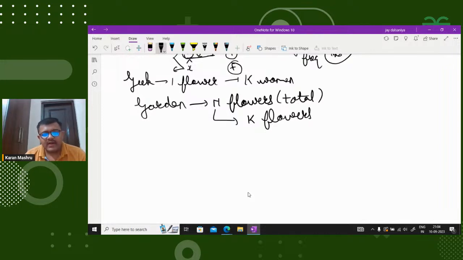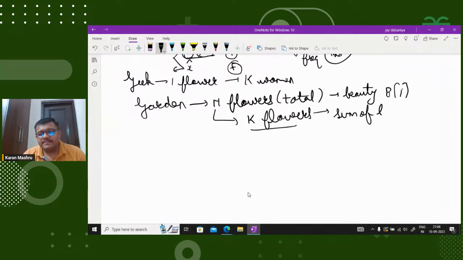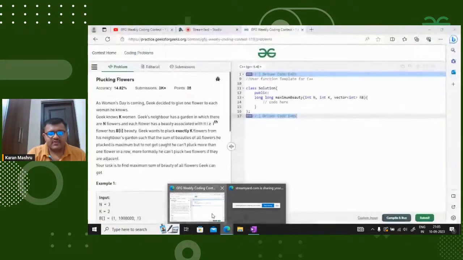And each flower has a beauty associated with it, and the beauty value is given with the help of an array b. Geek wants to pluck these k flowers such that the sum of beauties is maximum, right?